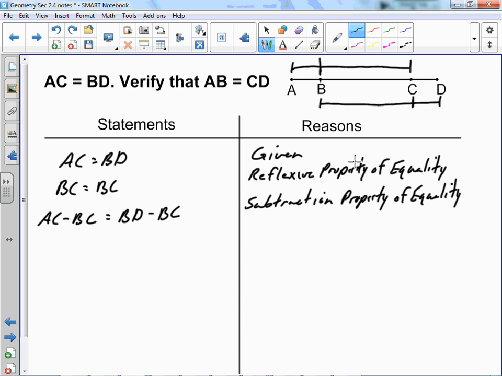So we're going to say, basically define AC. AC is equal to AB plus BC. And that is the segment addition postulate, I mean, not property, postulate, sorry.